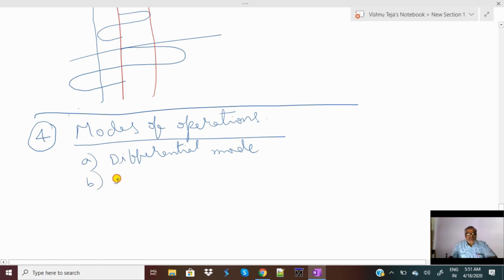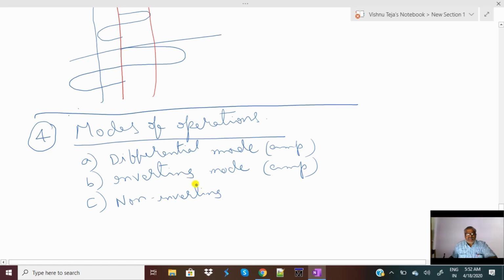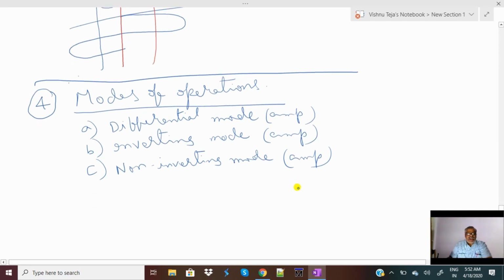Another one is inverting mode, or inverting amplifier. And the third one is non-inverting amplifier, or non-inverting mode, or non-inverting configuration. Whatever word you use, simply it is called a non-inverting amplifier.